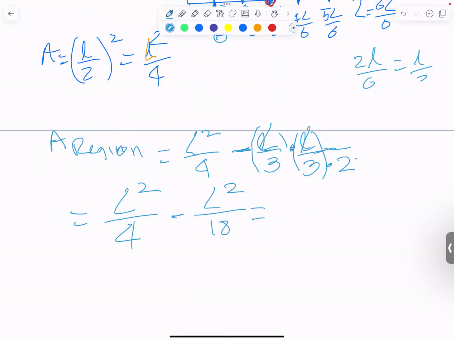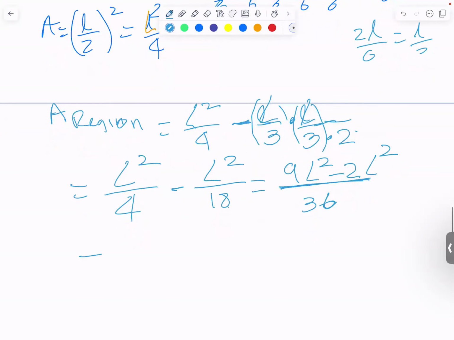Now, the least common denominator here is 36. 36 divided by 4 is 9, so 9L squared. And 36 divided by 18 is 2, minus 2L squared. And we have that 9 minus 2 is 7L squared divided by 36.